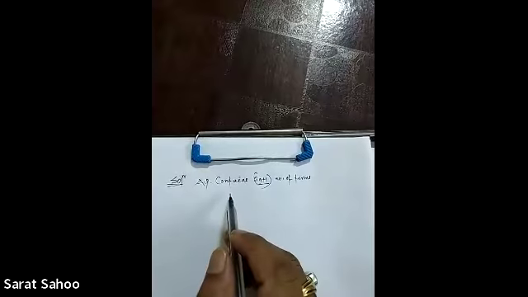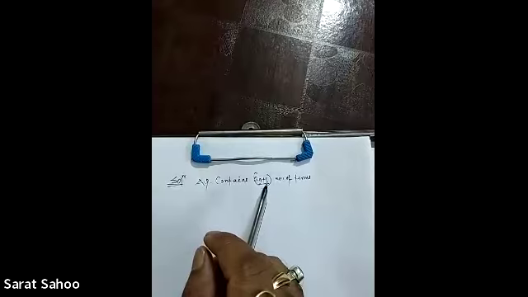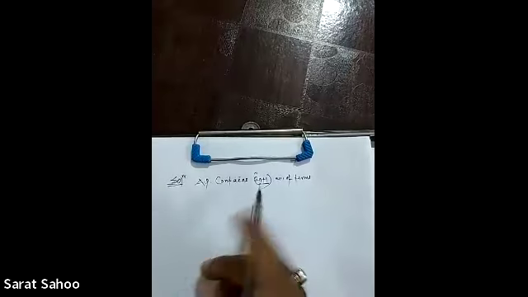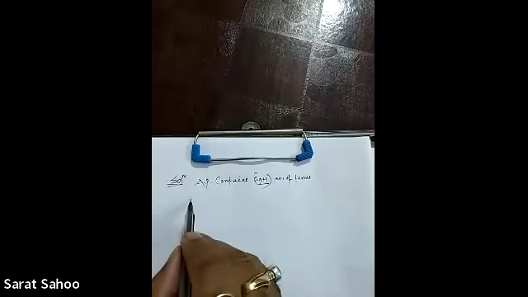So, if a series contains an odd number of terms, then the number of odd place terms is 1 more than the number of even place terms. So, the number of odd place terms is equal to n plus 1.